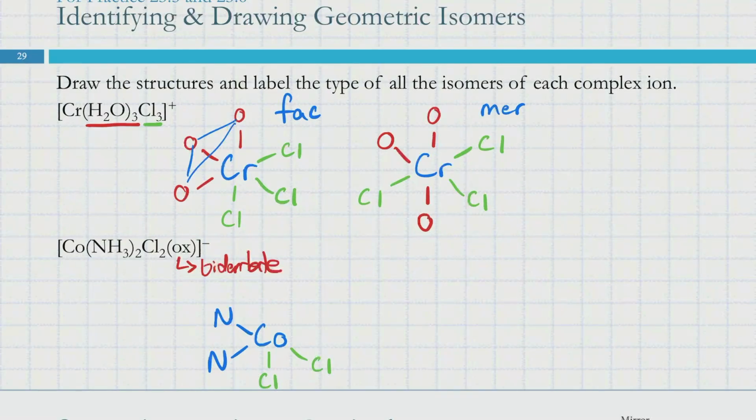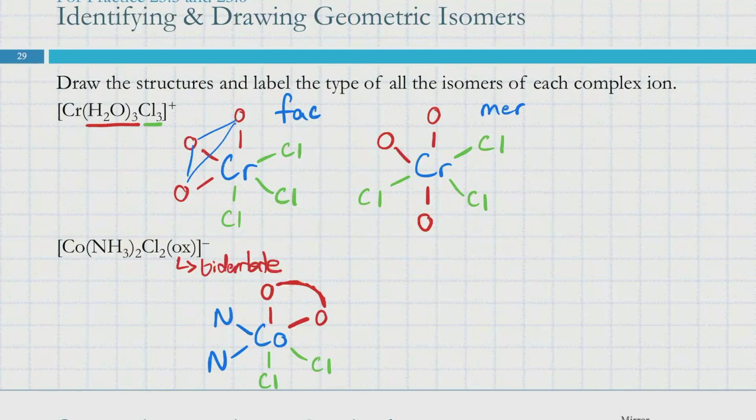This means that our oxalato group is going to have the up positions, and those 2 things are connected. We'll just draw in a solid line representing the rest of the oxalate, the 2 carbons that are in between those carboxylic acids. So that would be one of our isomers.